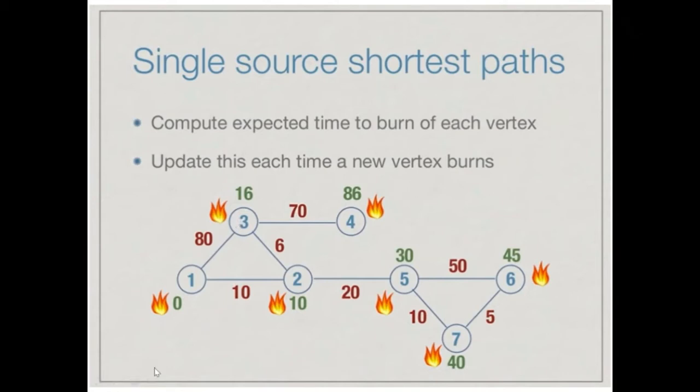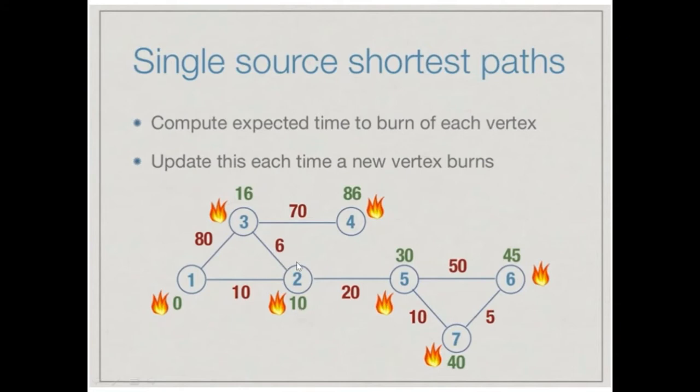For third, if the cost of getting to third via 1 to 2 to third, that is the cost of 2 plus this particular value, is less than the weight here, then the distance of this particular edge will be marked as 6 plus 10.